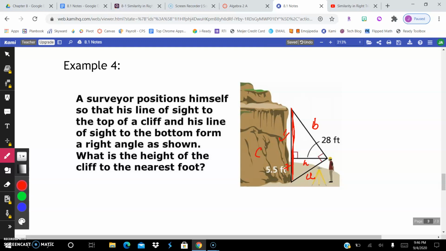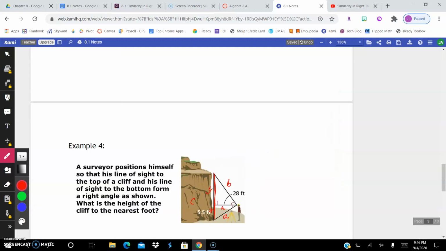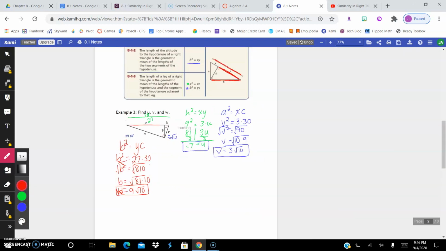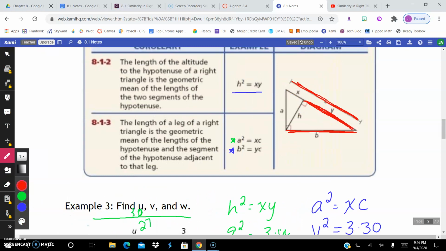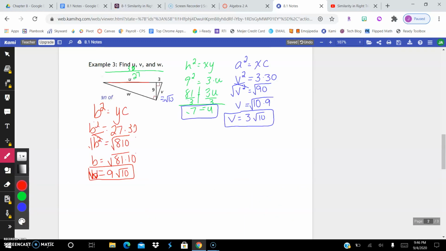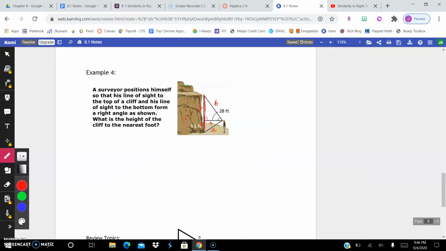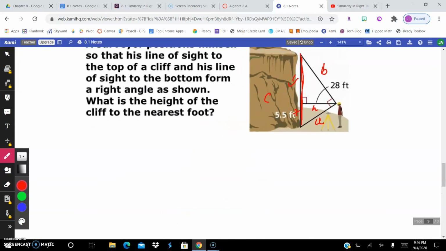So if you look at this picture now, we know the value of H and we know the value of X. Looking back at those three examples up here, H and X are both in that first one: H squared equals X times Y. That is the formula that we're going to use to figure out what our Y value is.